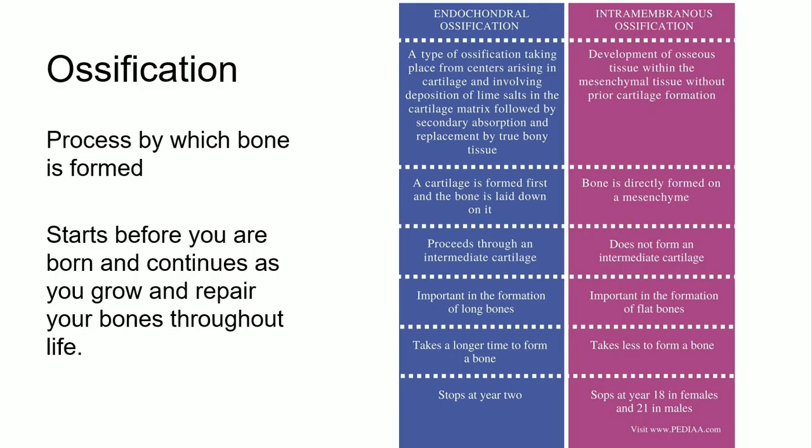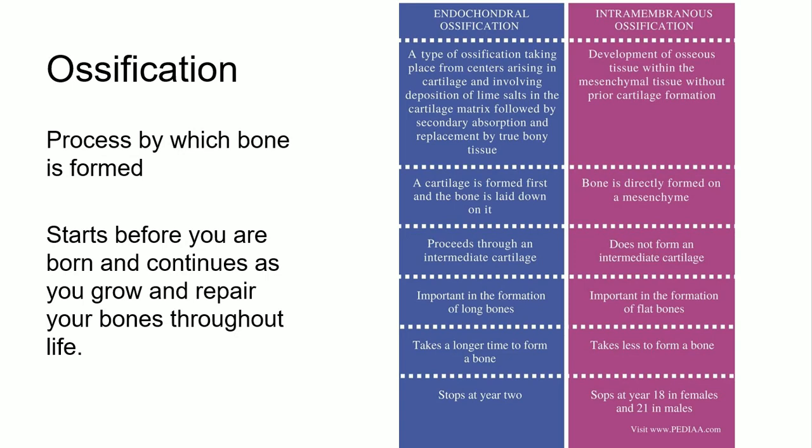Endo, inside, chondral, cartilage. So what this means is it's cartilage first, and then bone is laid on it. It proceeds through cartilage. It's constant. It's important in formation of long bones. It takes longer here to form a bone, and it stops at 2 years old. So this is constantly happening till you're 2 years old and then stops.